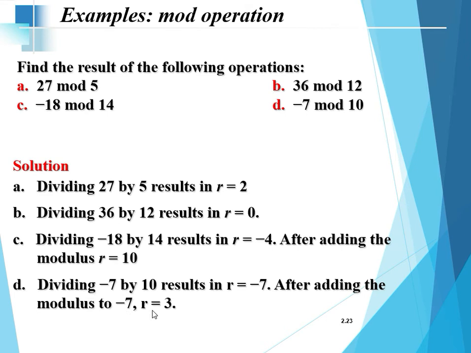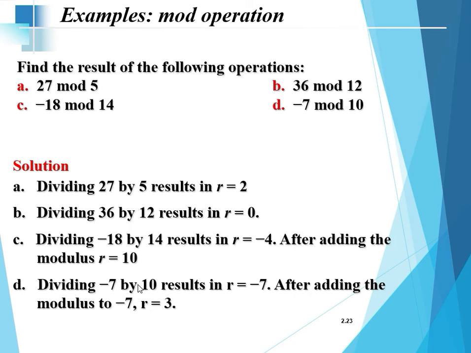If we go with the previously discussed formula, n = quotient × m + r, in that case n equals quotient, which we don't know currently, times m, which is 10, plus r. 10 into minus 1, so the quotient is negative 1.